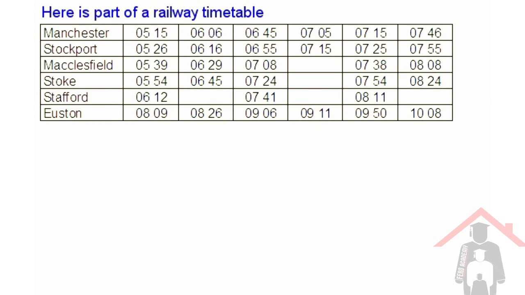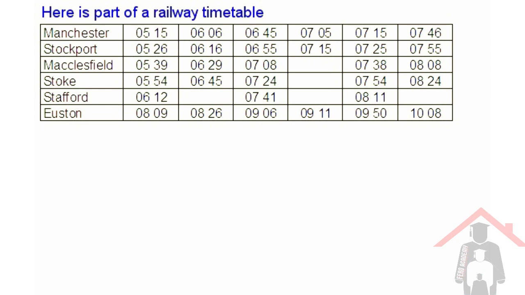When we look at a railway timetable, if we read down, we're looking at the journey of a single train. So this train leaves Manchester at 5:15, arrives in Stockport at 5:26, then Macclesfield at 5:39, and so on. It eventually gets to Euston at 9 minutes past 8.